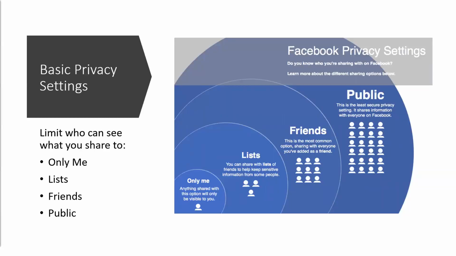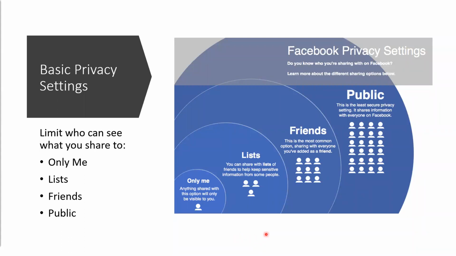So there are four basic privacy settings, and they can get more complex and customizable. You can limit who can see what you share to only you, the smallest circle, of course. Only you can see the thing you've just shared. I don't personally know why you would share it at that point, but I'm sure there are some reasons why someone might do that.